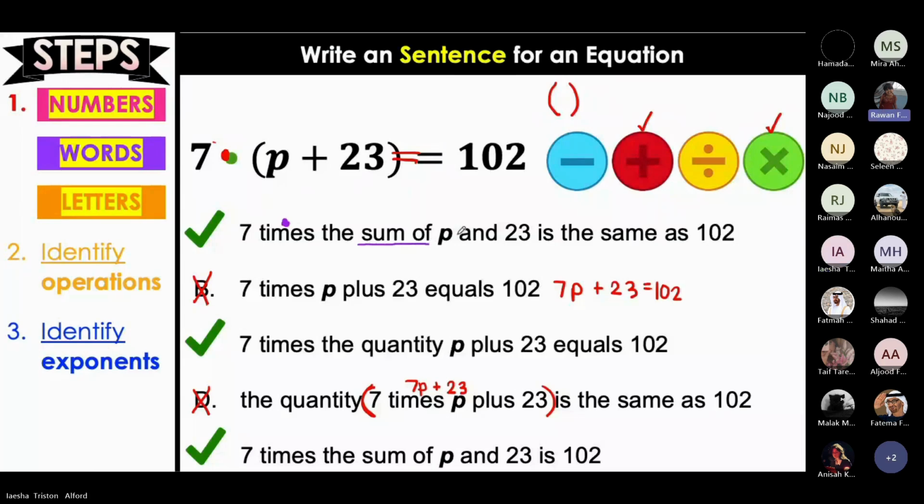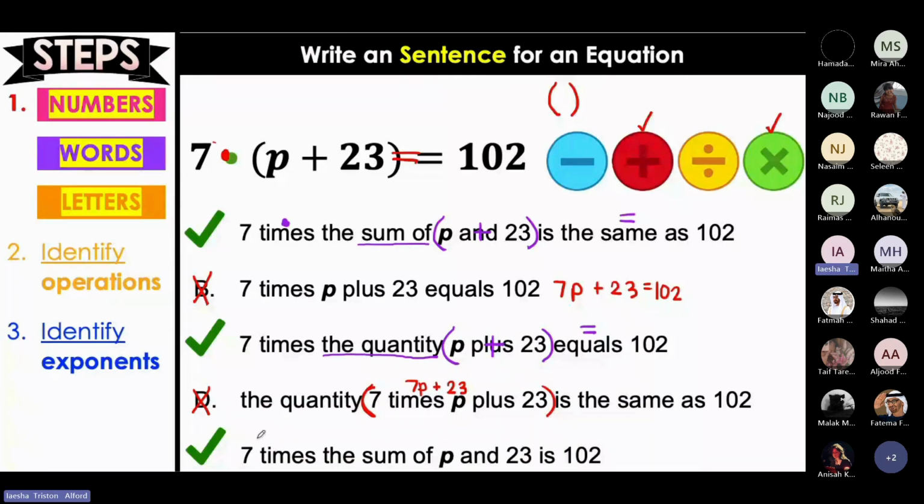Equal. Plus. And? Parentheses. So this gets the parentheses and the plus goes inside. The same as is your equal word. This one, 7 times the quantity. What is the meaning of the quantity? Parentheses. Inside you have plus. And here you have the equal.